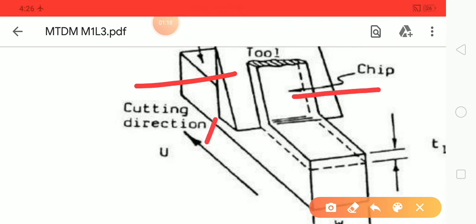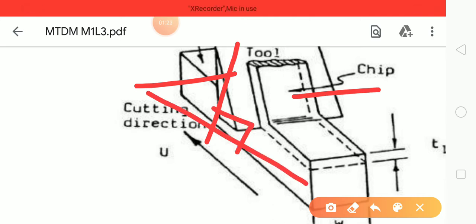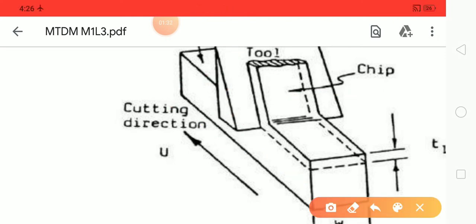The tool is perpendicular to the workpiece, and the chip is formed perpendicular to the face of the tool. You can see the cutting direction here; the chip is traveling opposite to the cutting direction. So that is orthogonal cutting.